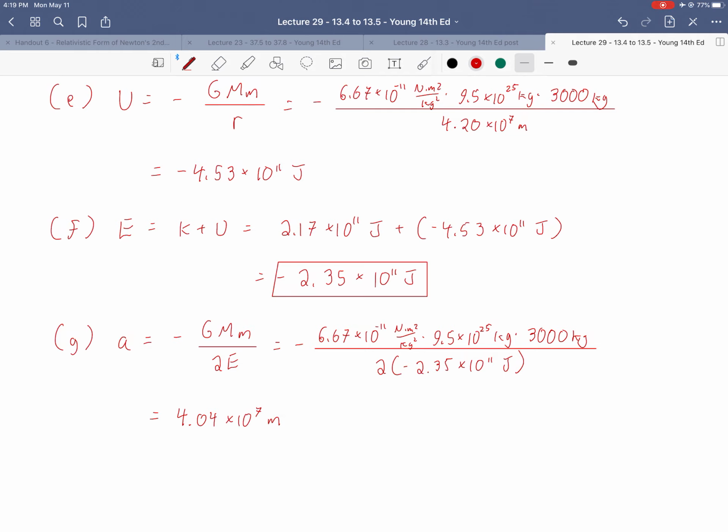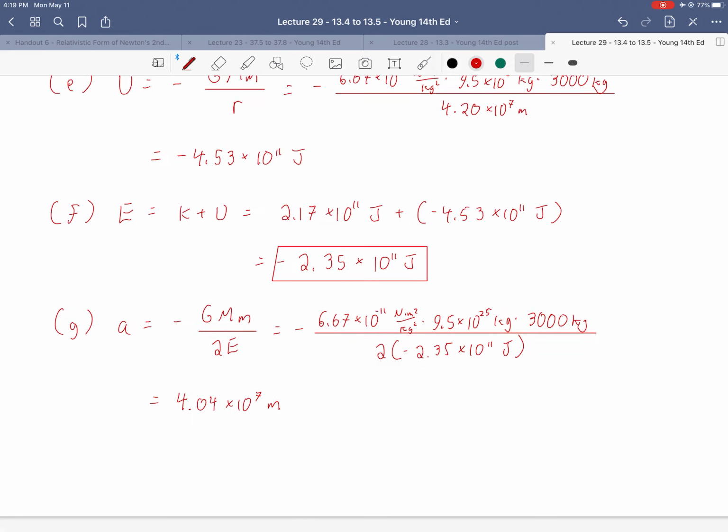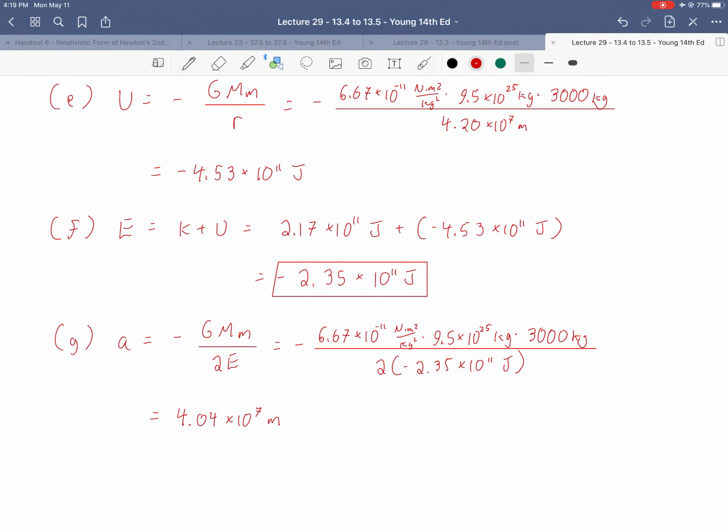Our semi-major axis now is smaller. So we've reduced the orbit a little bit, made it a little bit more squished, a little bit more eccentric, elliptical in shape rather than circular, and a little bit tighter around the planet. Okay? So put a box around that.